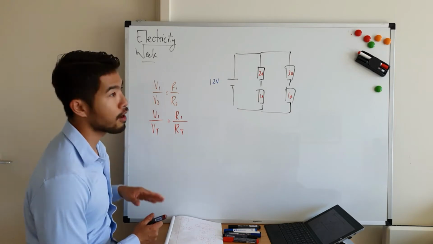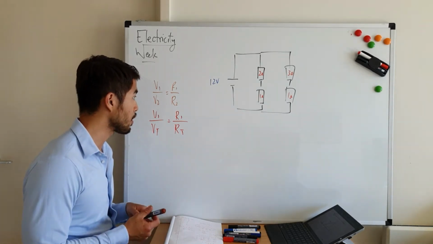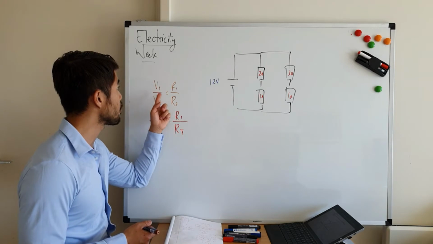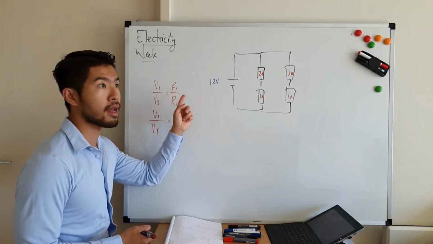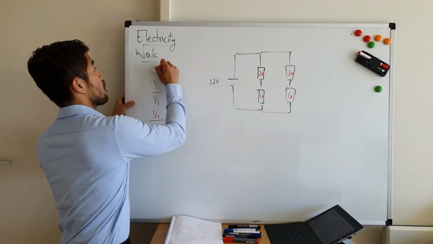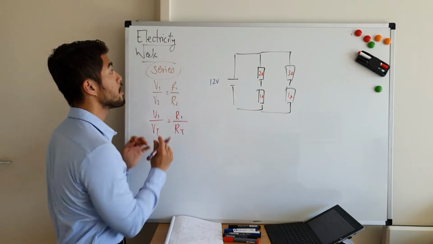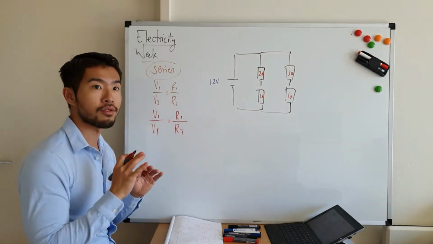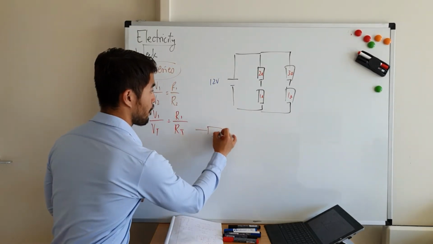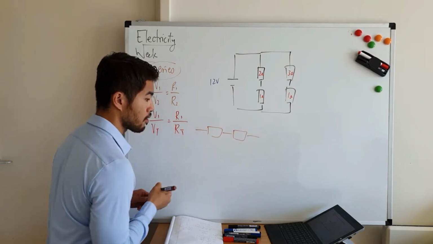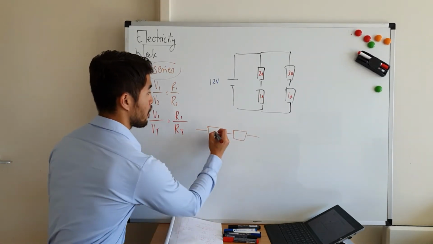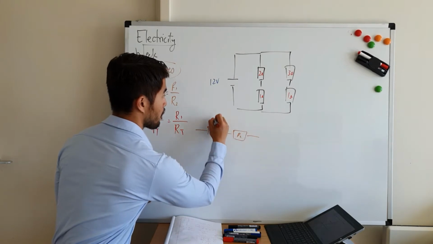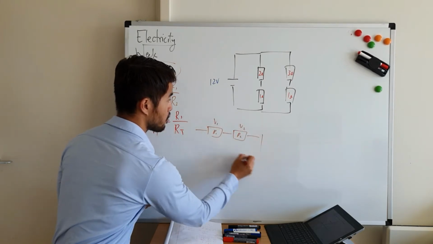Firstly, our two equations really quickly for potential dividers. V1 over V2 equals R1 over R2. That means this is only for a series circuit. If it is a combination of series and parallel, you can't use this. You have to reduce it to this form: R1, R2, V1, V2, and then I know a V total.